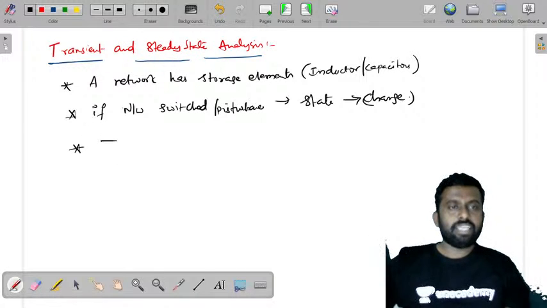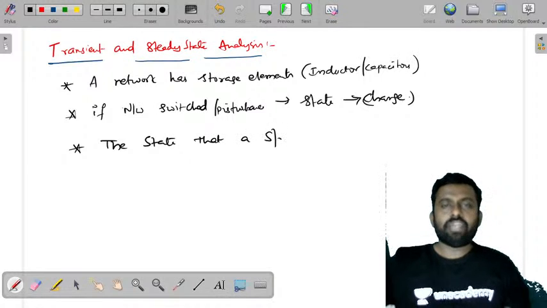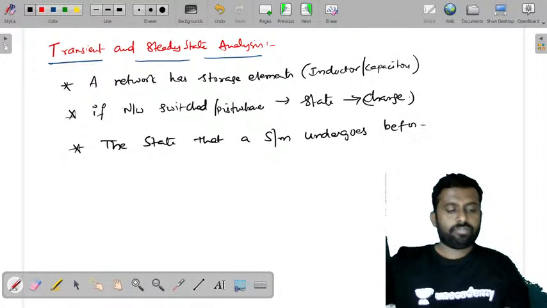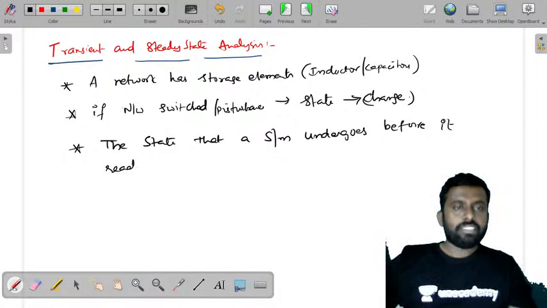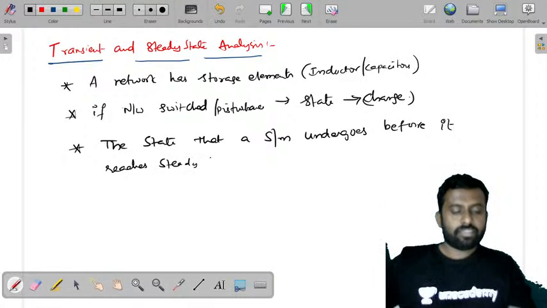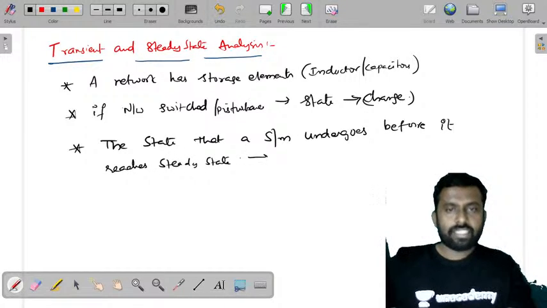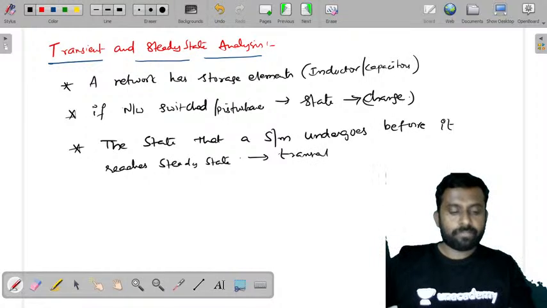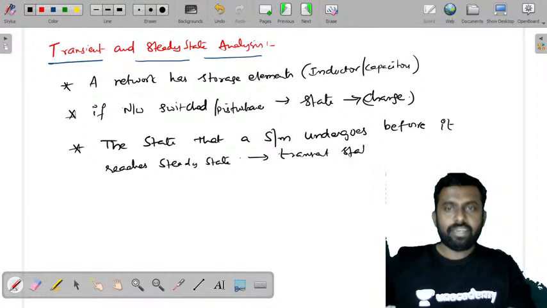The state that a system undergoes before it reaches steady state is known as the transient state.